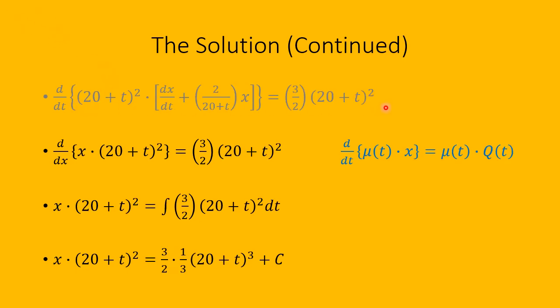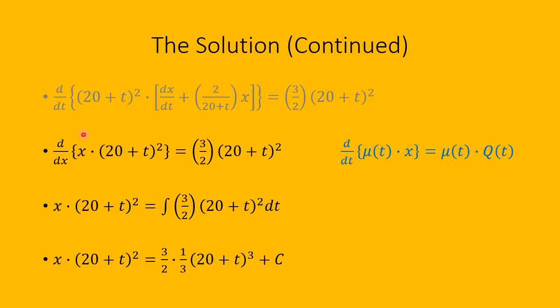So here we have the equation from the previous slide. The left-hand side, we realize, can be written as the derivative of the integrating factor times x. And the right-hand side just remains unchanged. Now, let's anti-differentiate both sides of this equation.